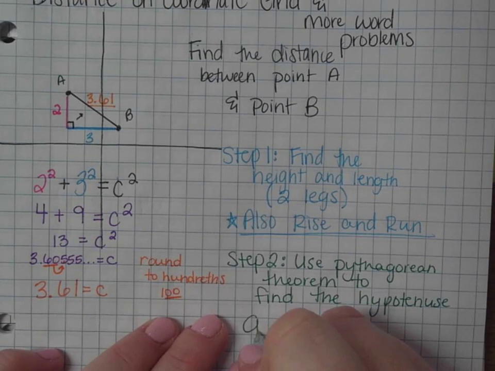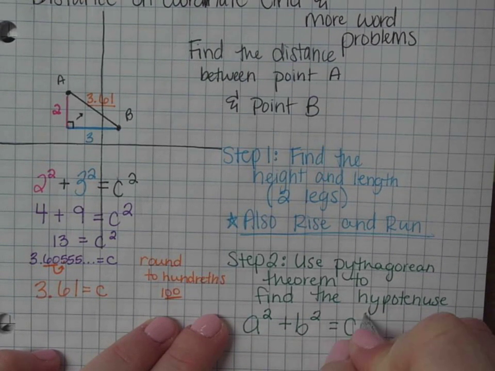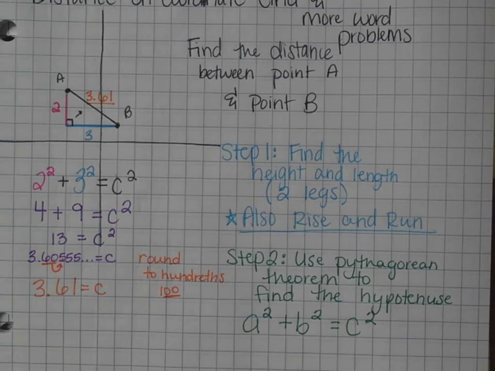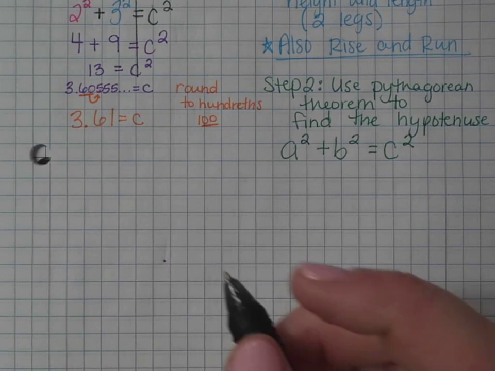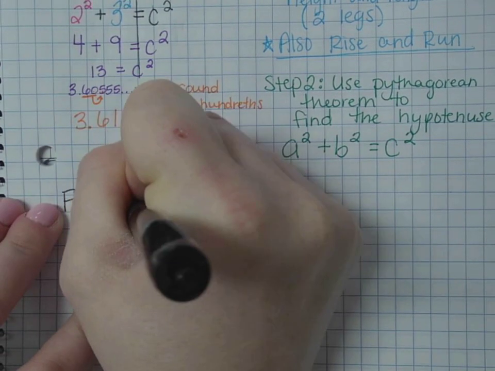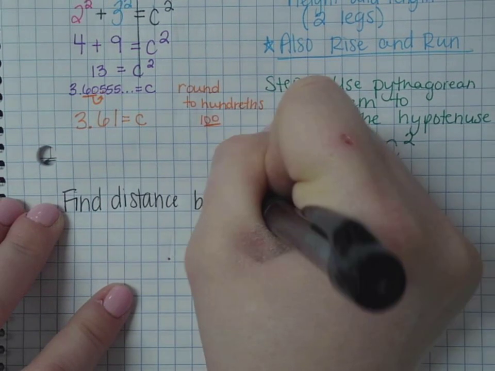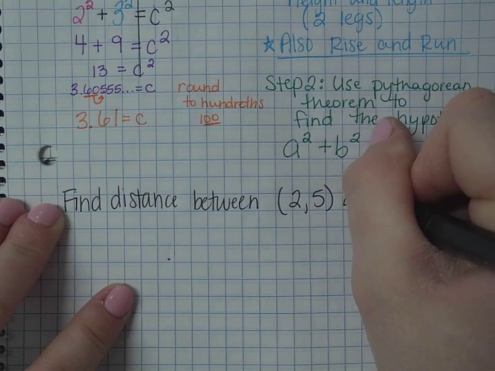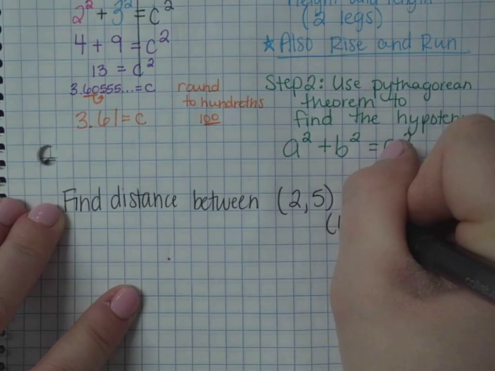So we used a squared plus b squared equals c squared. Okay, let's do another example. What if I wanted to find the distance between 2, 5 and 6, 3.